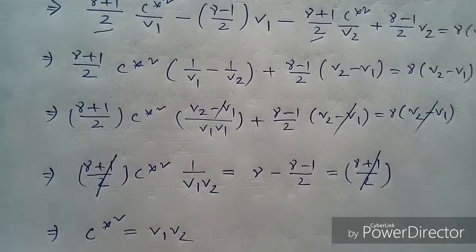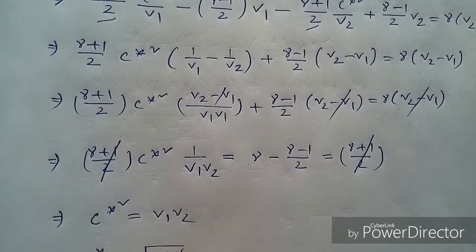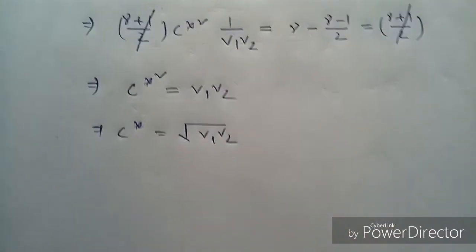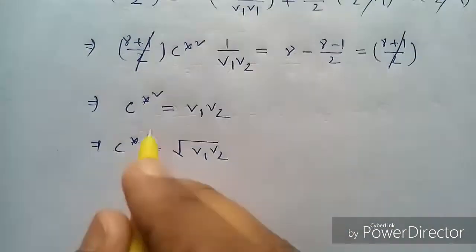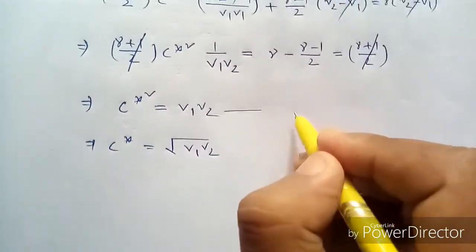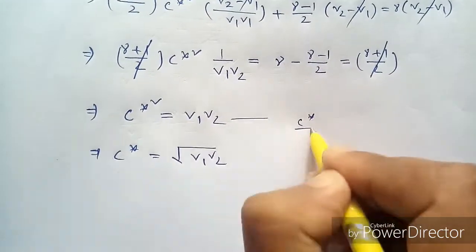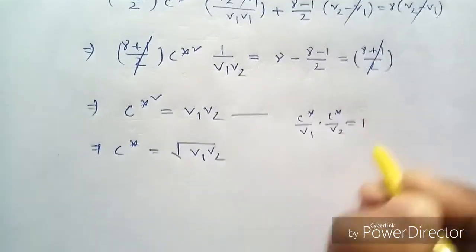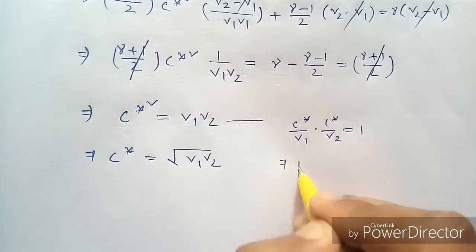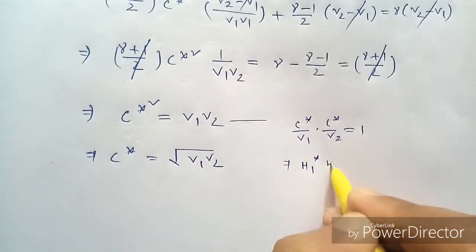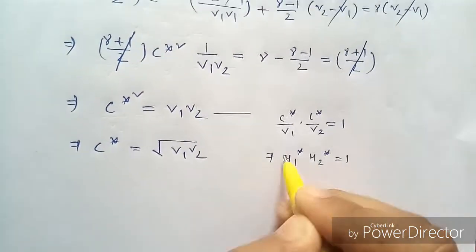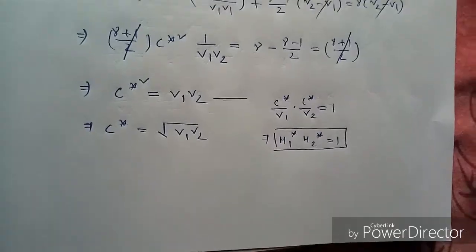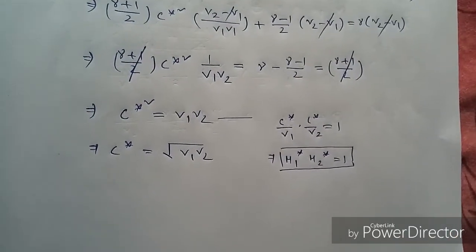So c star squared can also be written like this. Next, in terms of Mach number, from this equation c star by v1 times c star by v2 is 1, so it is M star 1 times M star 2 equal to 1. So this is your Prandtl equation, the Prandtl-Meyer equation.